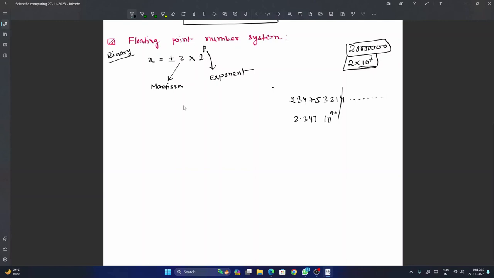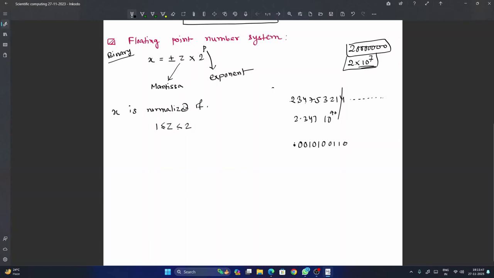A number x is normalized if this z value is between 1 and 2, that is, greater than or equal to 1 and less than 2, something like 1 point something. So if this is a binary number 0.001010101110, this is not a normalized value.